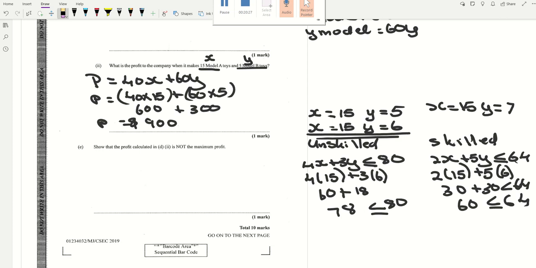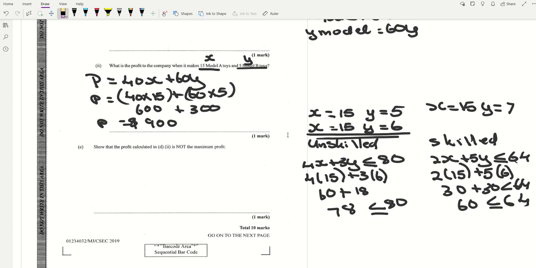But you would not want to increase x just because y is more expensive. Model B is more expensive, so that is why I'm increasing y, which stands for model B. You're getting $60, while for x you're only getting 40.